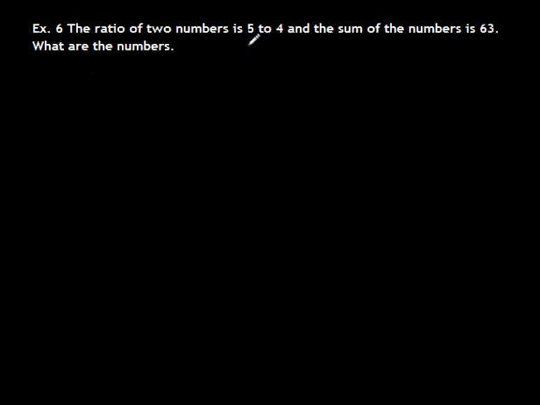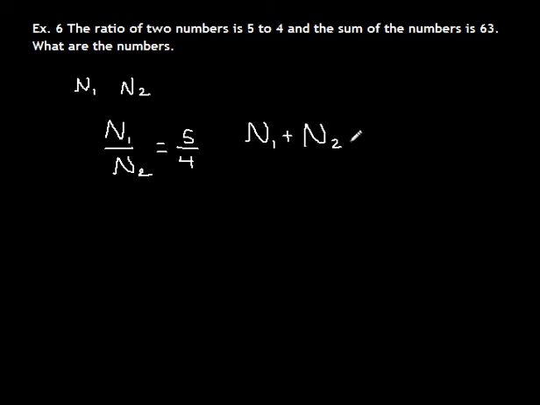So it says the ratio of numbers is 5 to 4. So you have number 1 and you have number 2. The ratio of number 1 to number 2 is 5 to 4. The sum of number 1 plus number 2 equals 63. We have two equations. Now we're going to cross multiply.